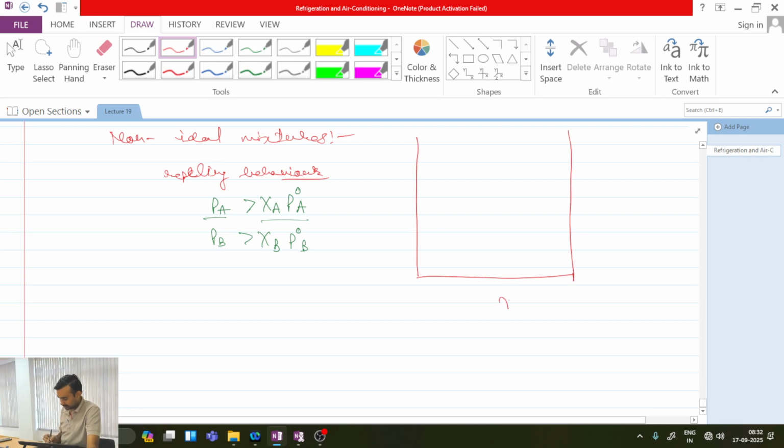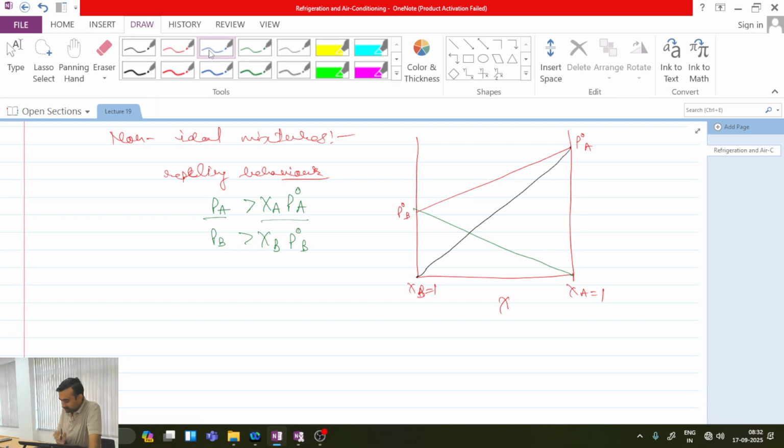So that's why for this type of fluids, my pressure and composition diagram will be looking something like this. This is composition. P naught A. Here what will be happening?